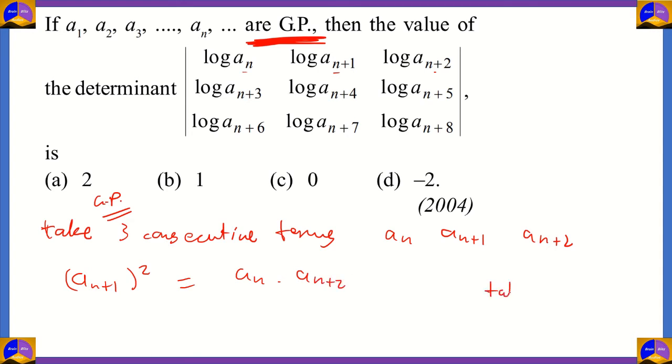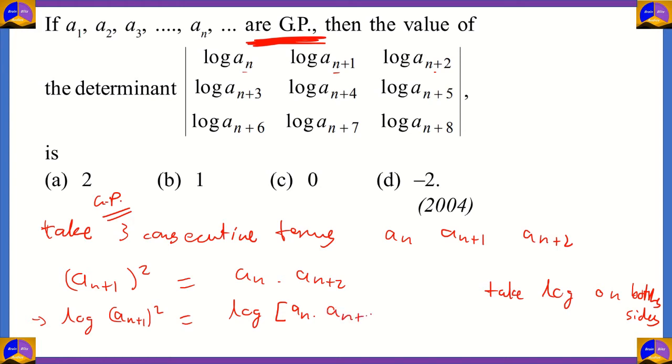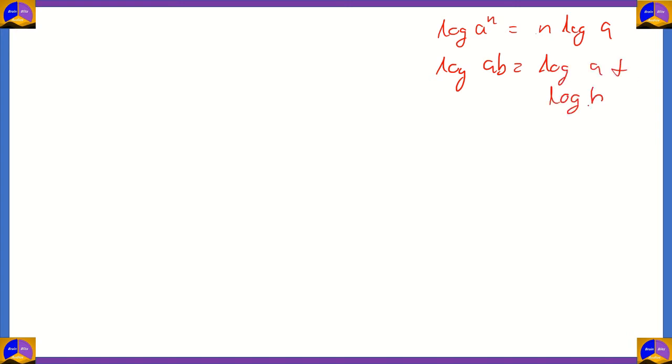So now what we do, we take log on both sides. So therefore you get log An+1 the whole square equals log of An times An+2. So now we use the property of logarithms. So we can use two properties here. Log a raised to n gives you n log a, and log ab gives you log a plus log b.